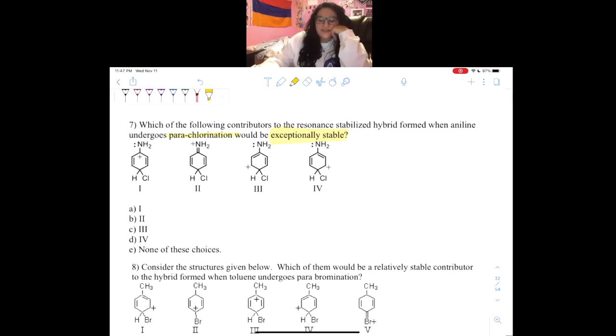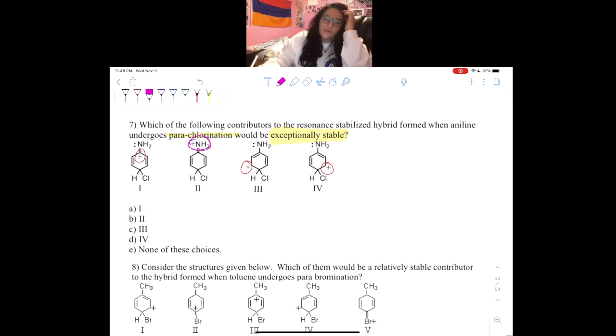So in this case, the most stable structure is actually going to be based on where the plus charge is located. So we can see in 1, 3, and 4, the plus charge is on a carbon. Here on number 2, the plus charge is on the nitrogen.